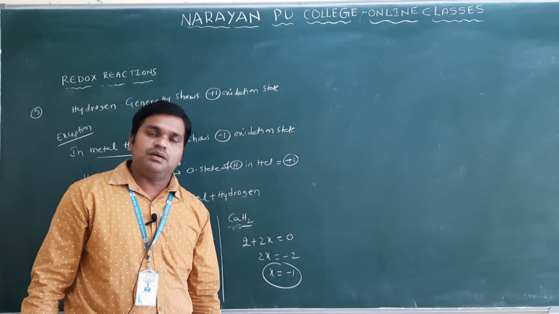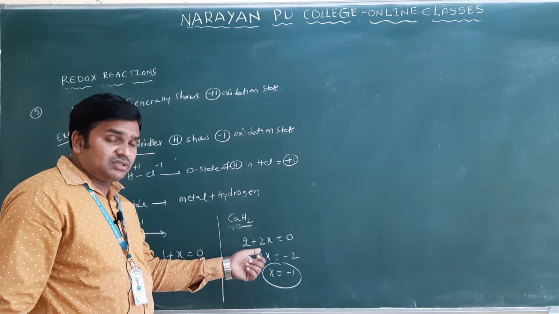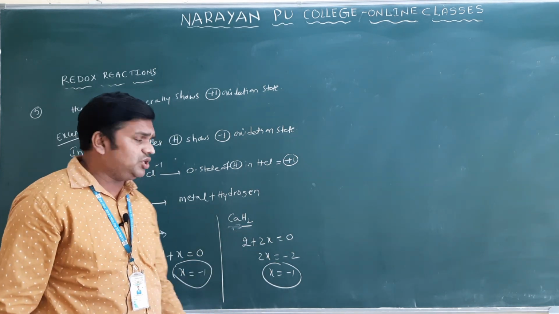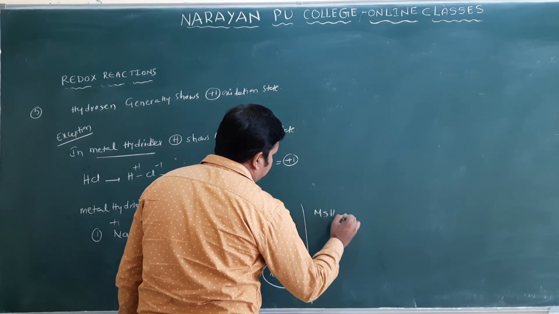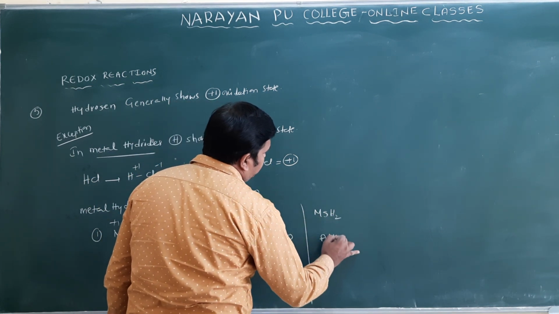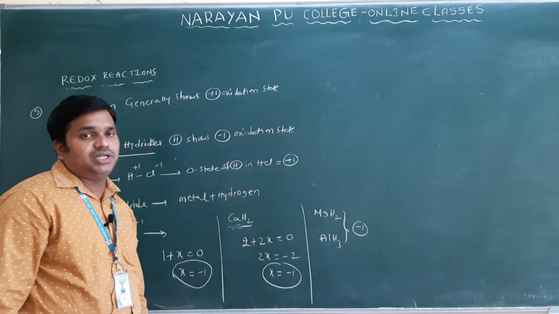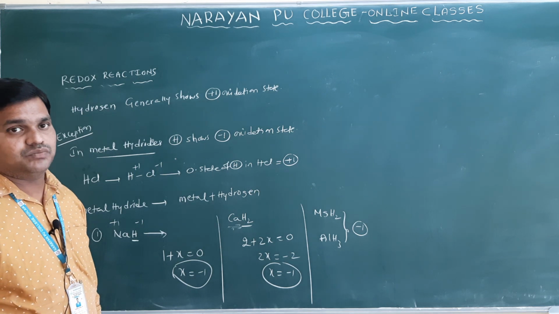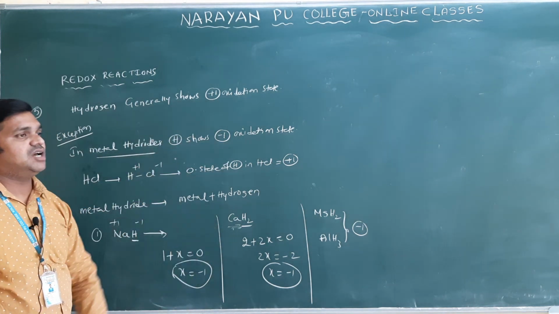Here the oxidation number of hydrogen is -1 only. If we take calcium hydride, magnesium hydride, or aluminum hydride, in all the cases the oxidation number of hydrogen is -1 only. This is regarding the oxidation number of hydrogen and the exception in the case of metal hydrides.